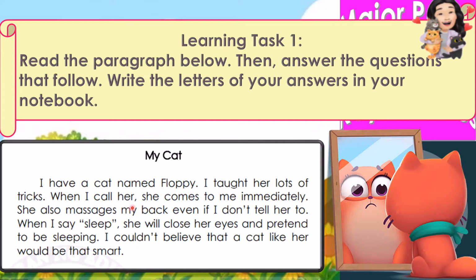When I call her, she comes to me immediately. She also massages my back, even if I don't tell her to. When I say sleep, she will close her eyes and pretend to be sleeping. I couldn't believe that a cat like her would be that smart.